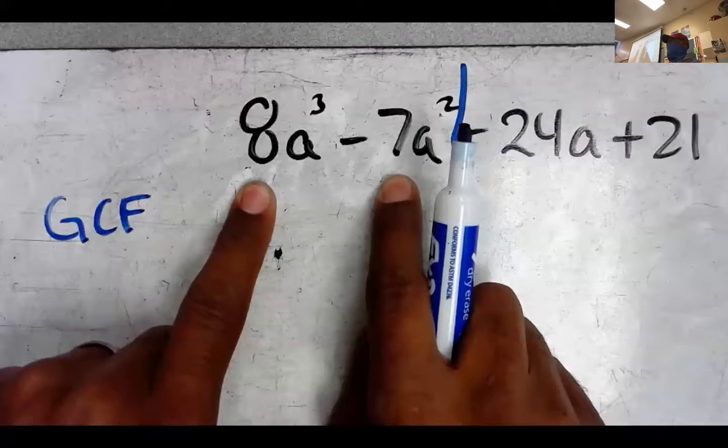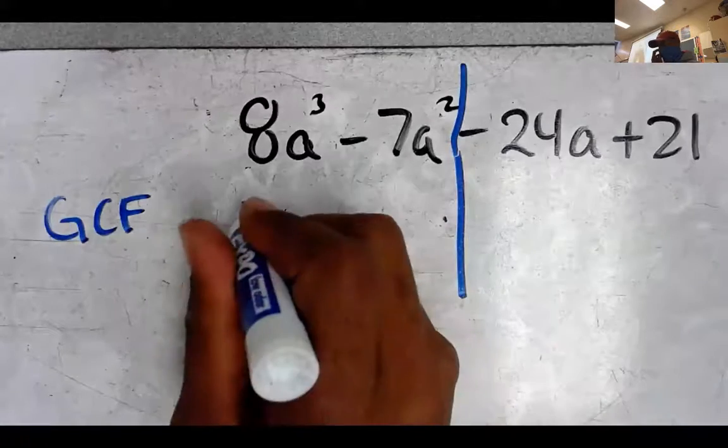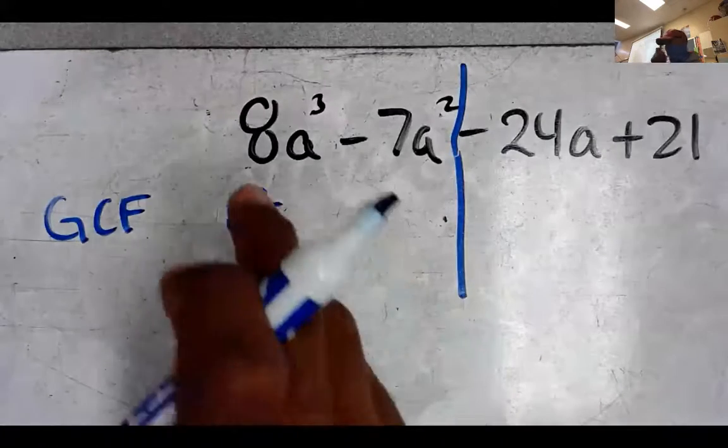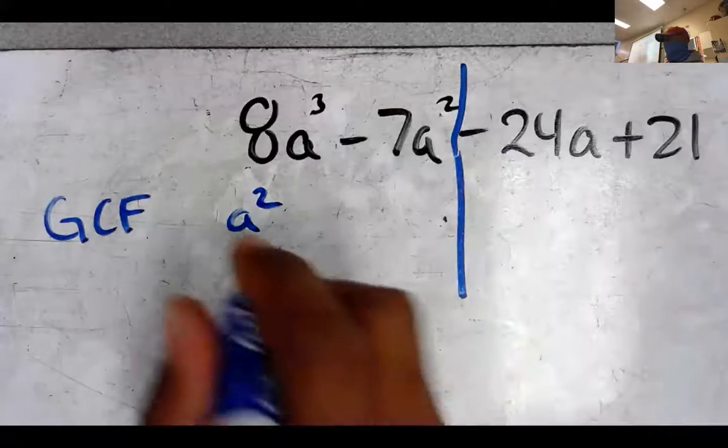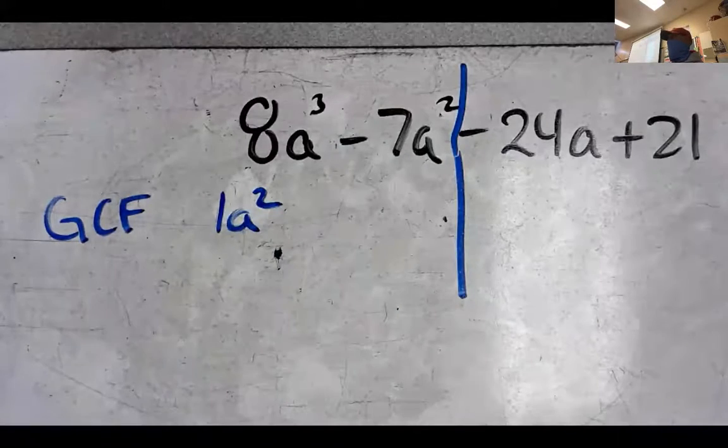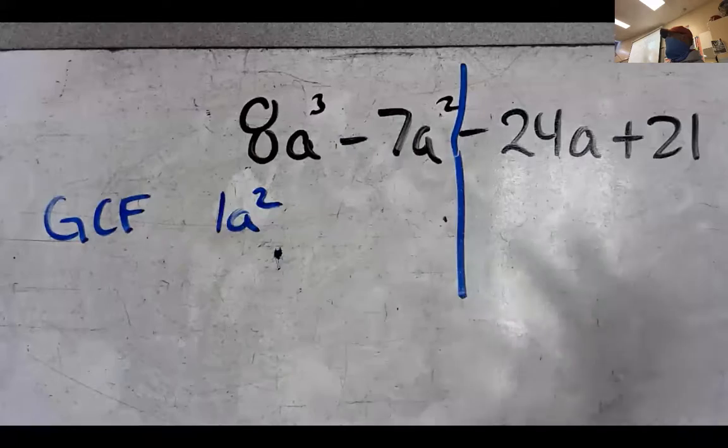A squared, yes. Now, if I'm looking at just the numbers, just 8 and 7 itself, the common factor is 1. Because some of you might be going, well, wait, there's nothing. No, there is. Every number has a common factor. It's always 1. But there's no other number than that.